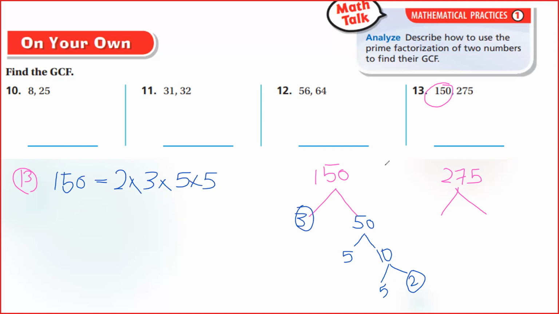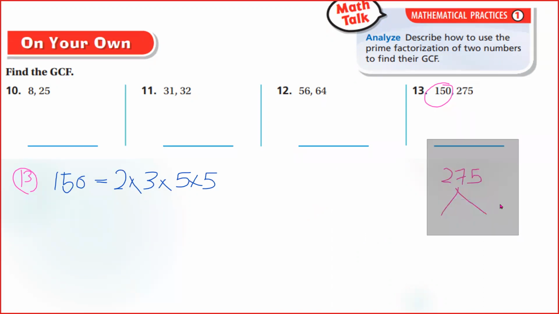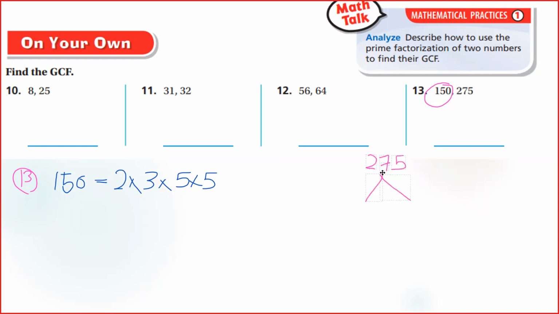Now, let's talk about 275. Give me two numbers that you multiply to get 275. I will give you a hint: if the last digit is 5, what does it mean?